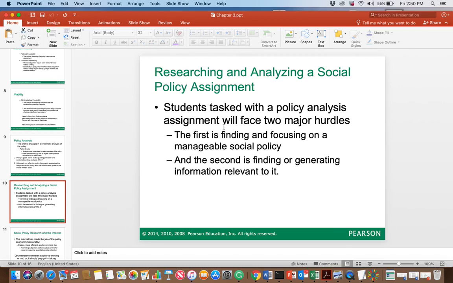How do you manage this information in just a few weeks of a semester? For example, if you are analyzing the Affordable Care Act, the so-called Obamacare, you cannot pick up the whole policy and analyze it in the few weeks that you have here.